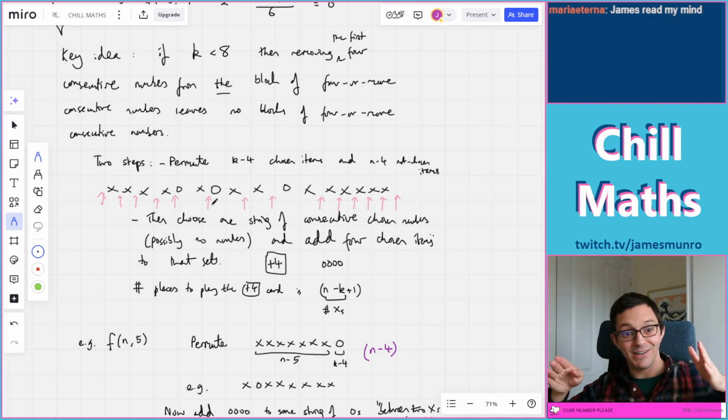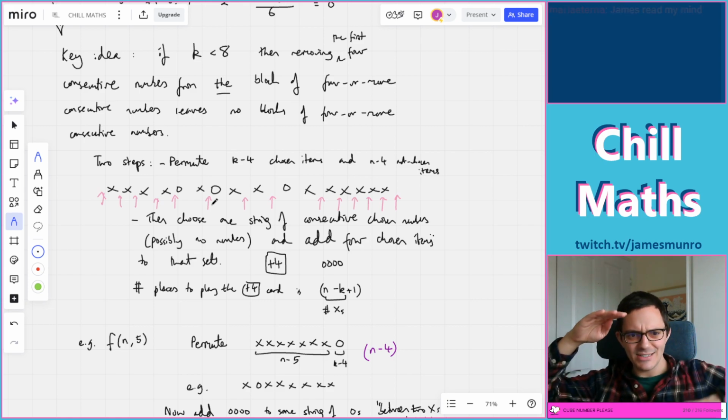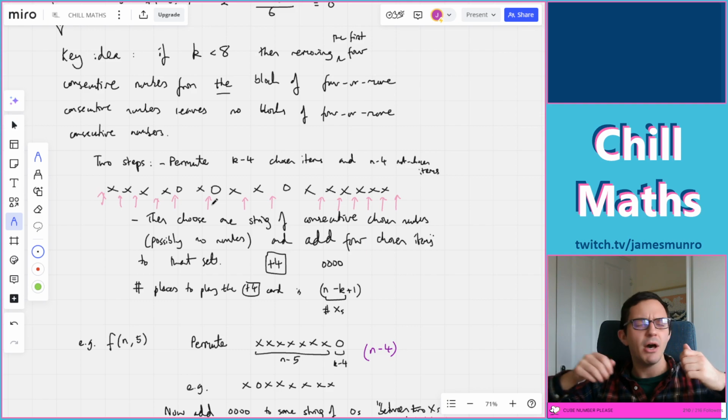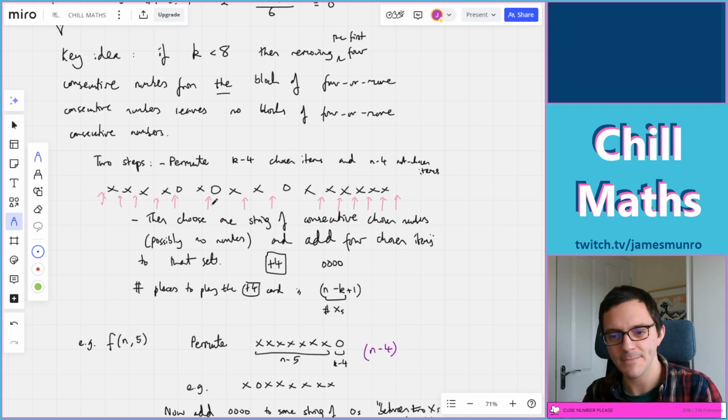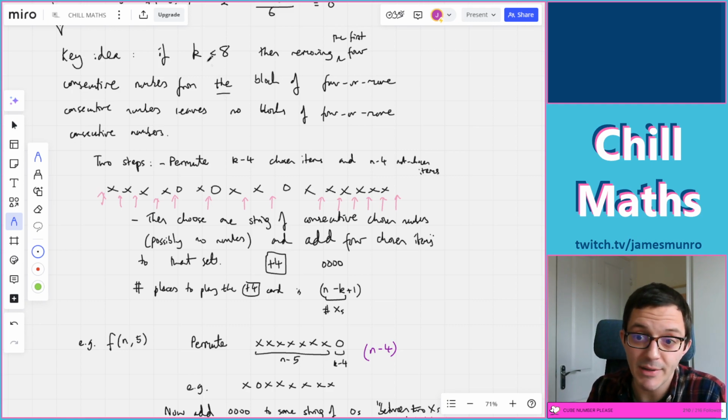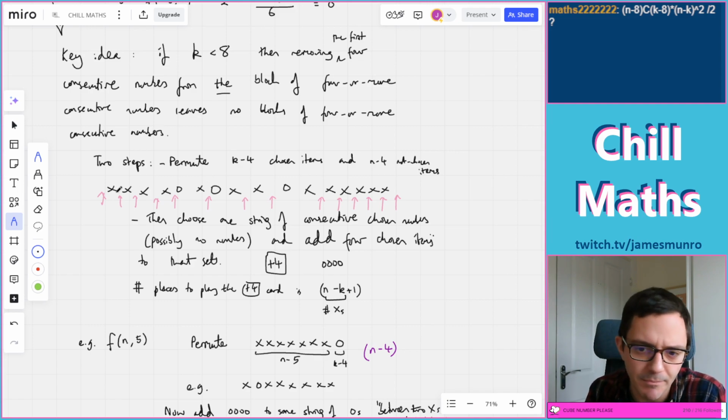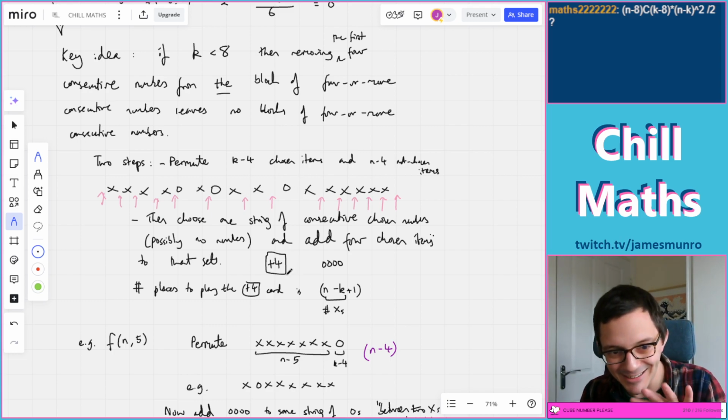Either I've circled some of the cards that I'm picking or crossed for not picking these of the 100 numbers in a row. So all I need at the end is a list of these permutations of circles and crosses such that there are 4 or more in a row. If you're not picking very many cards, then the only way that you could get 4 or more in a row is from permutations of not many circles, but then one of them gets pumped up by adding 4 to the front.